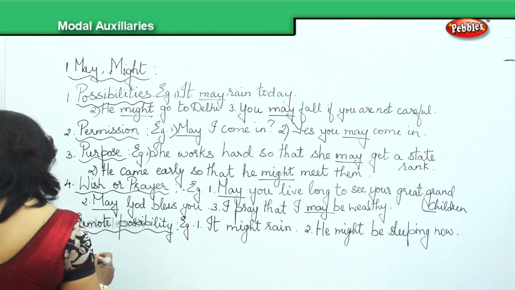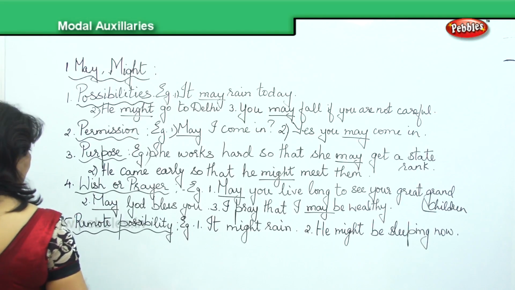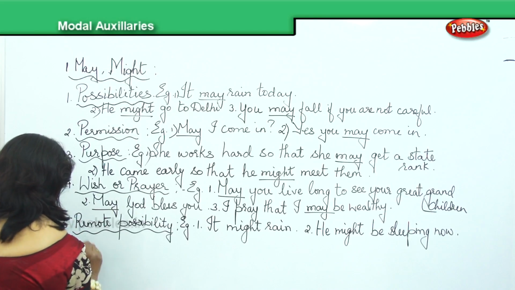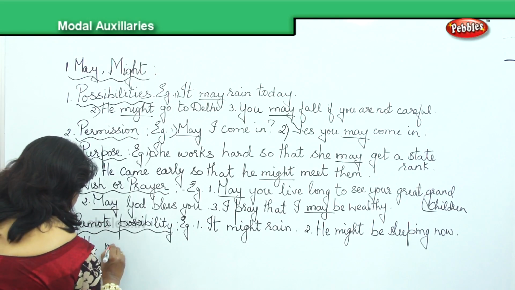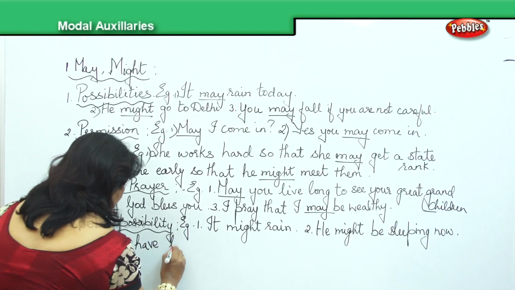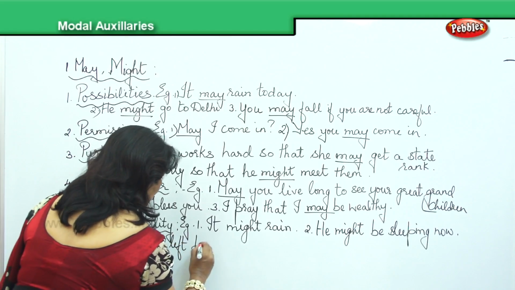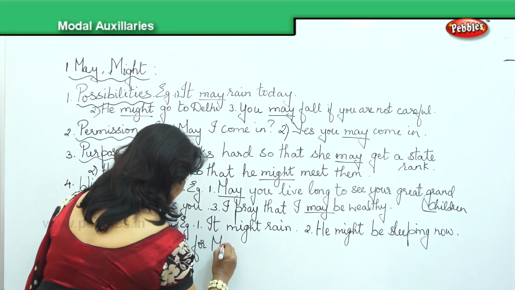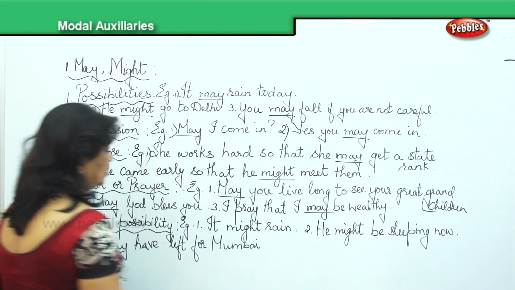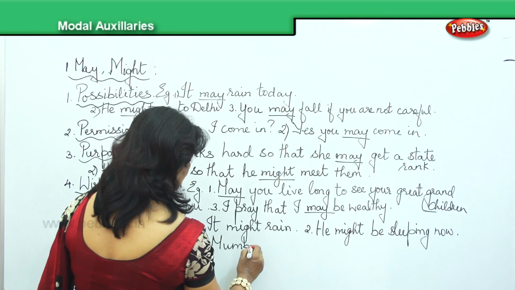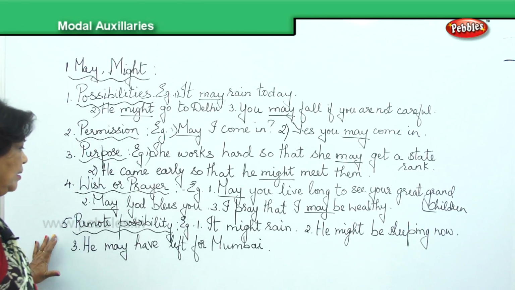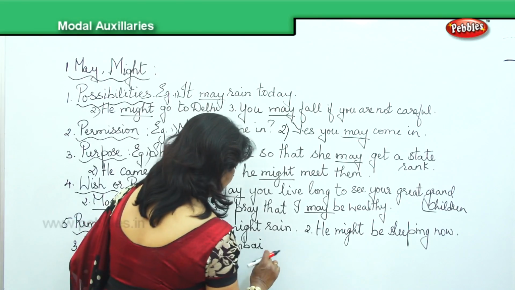Other things like under remote possibility itself I'll write. He may have left for Mumbai. Okay, he may have left for Mumbai by now.